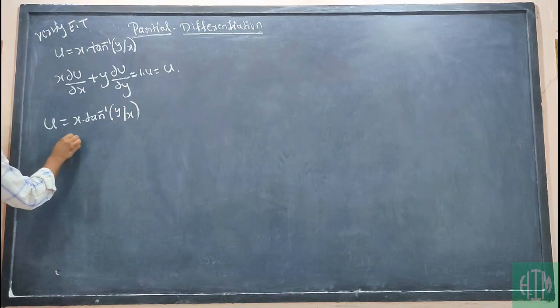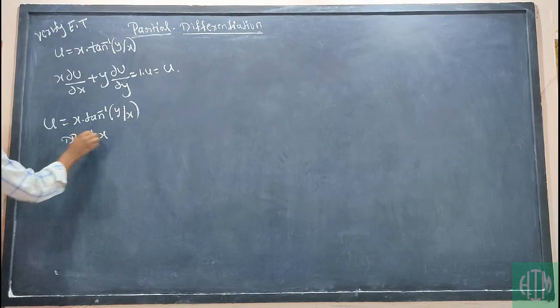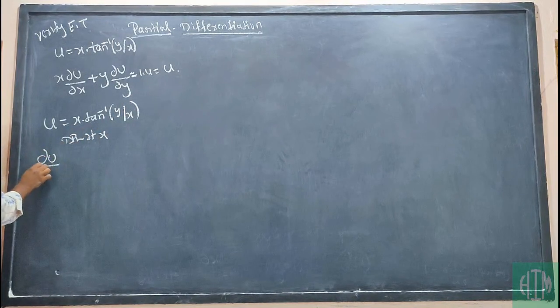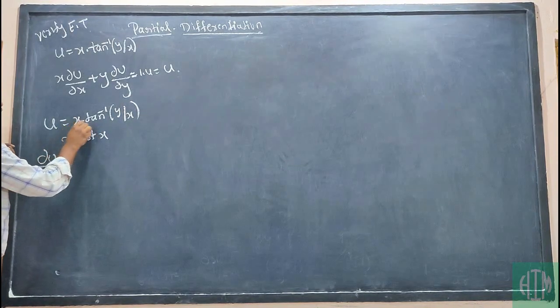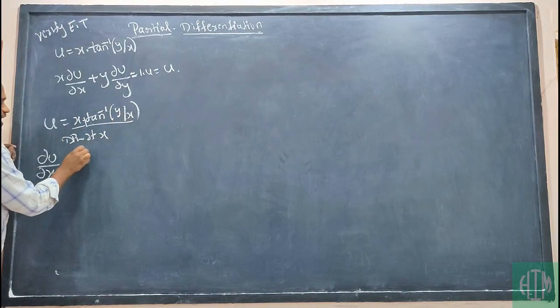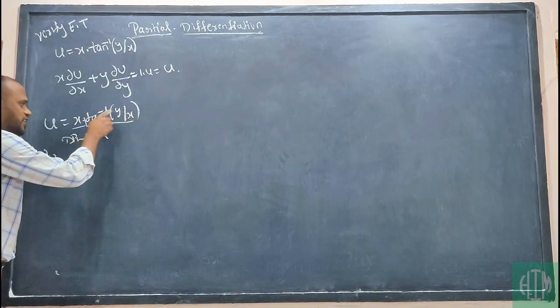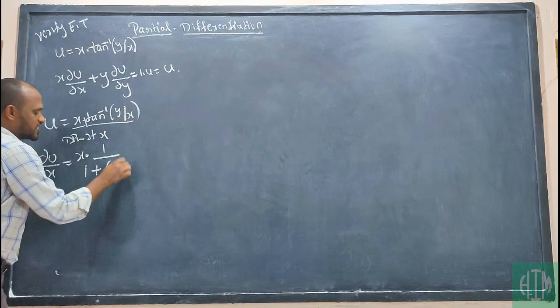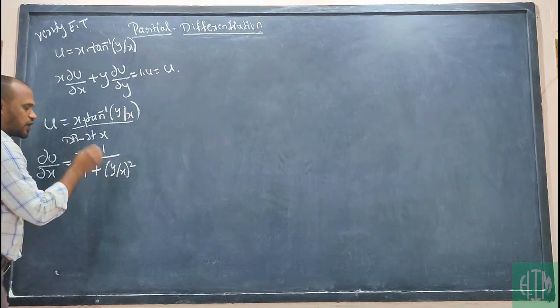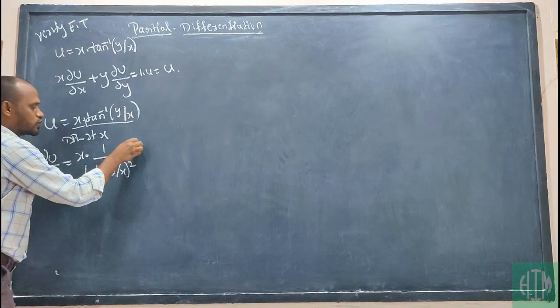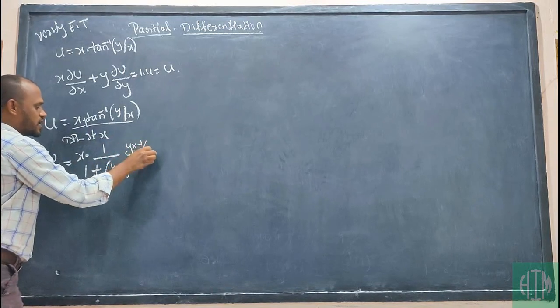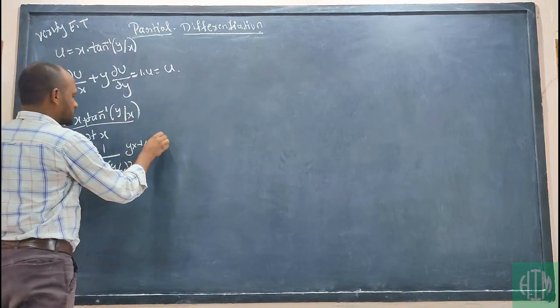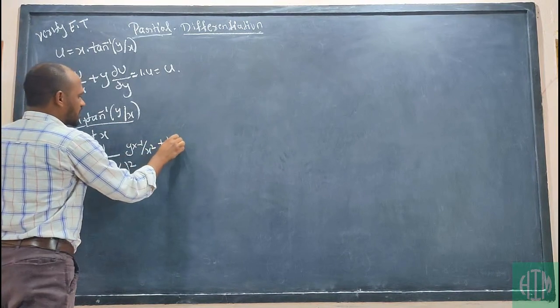Now differentiate partially with respect to x. ∂u/∂x, u is the product of u and v. First one as it is, second one differentiate tan inverse of x, 1 by 1 plus x square. This part we have to differentiate: y outside, 1 by x, minus 1 by x square, plus the second one as it is.